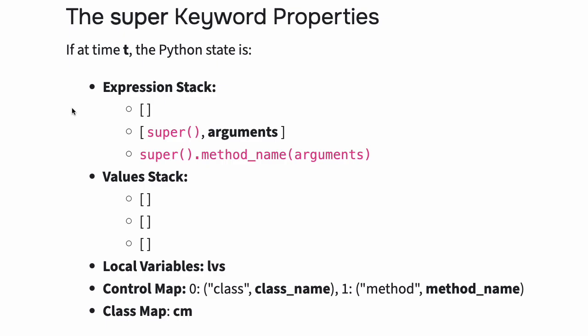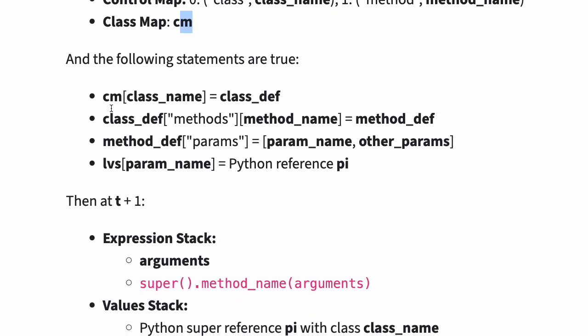Next, let's explore the super keyword properties. If at time t, the expression stack contains an empty stack followed by a stack with super and arguments, and local variables is LVS, the control map contains class and the class name at 0, and method name at 1, and the class map is CM, and CM at class name is class def, and class def at methods at method name is method def, and method def at params is the stack param name and other params, and LVS at param name is Python reference PI.